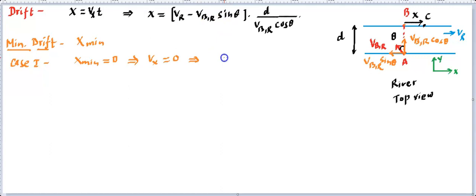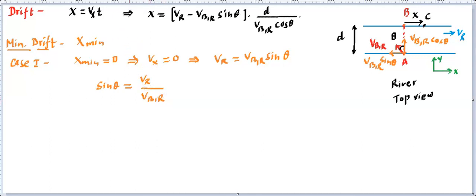So this term must be 0. If you make this term 0, then you will find Vr should be equal to VBR sin theta. From here you will find what sin theta is. Sin theta is going to be equal to the velocity of the river divided by the velocity of the boat in the river. Making sense?